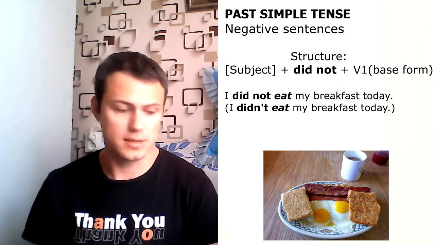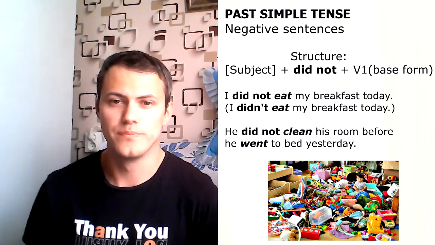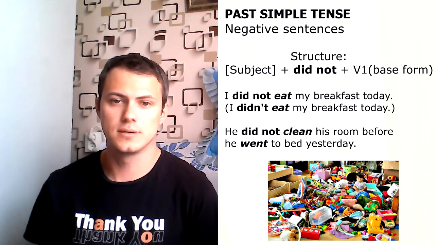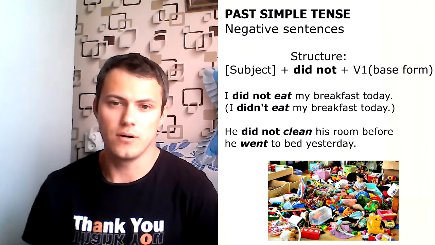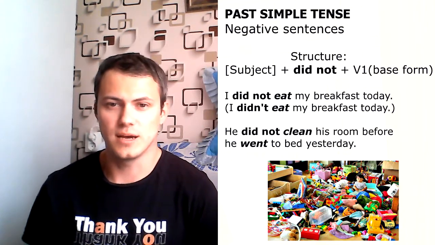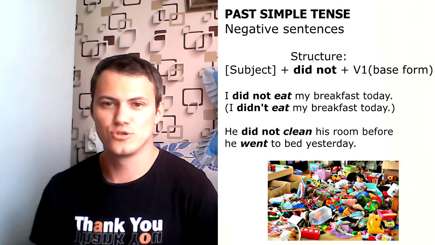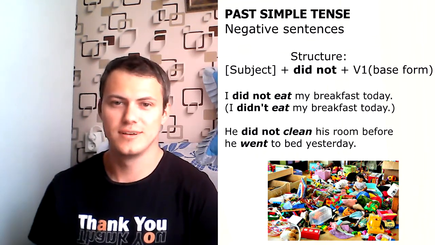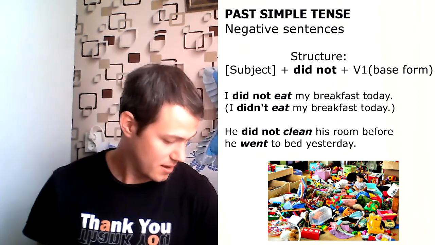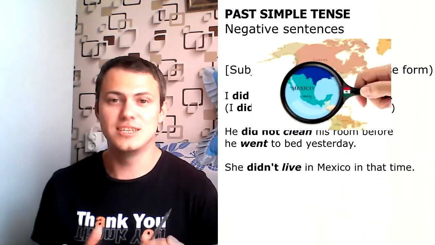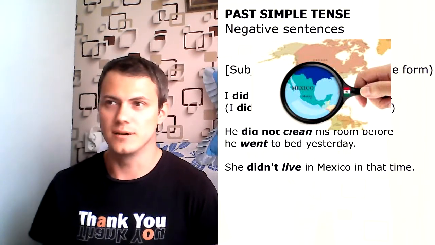Another examples. He did not clean his room before he went to bed yesterday. Maybe a mother of some child is complaining to father of this child about his behavior yesterday. She didn't live in Mexico in that time. Maybe you have some wrong information.